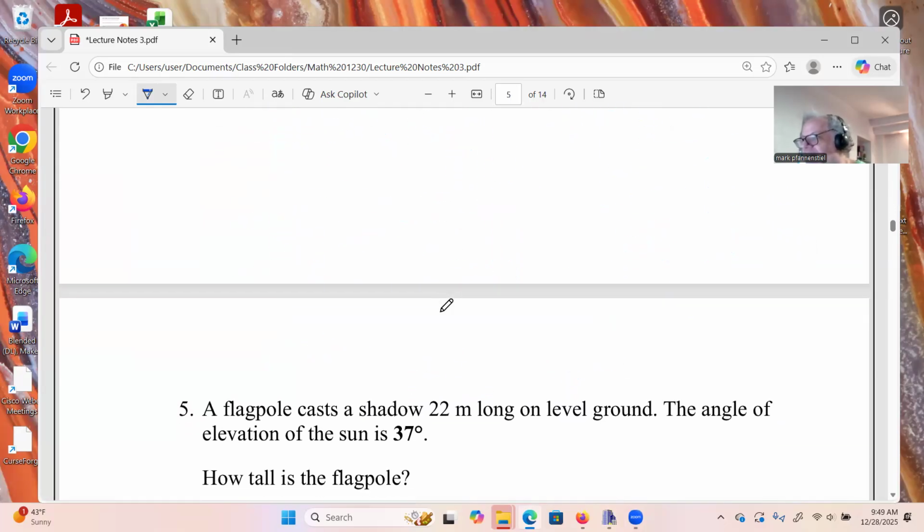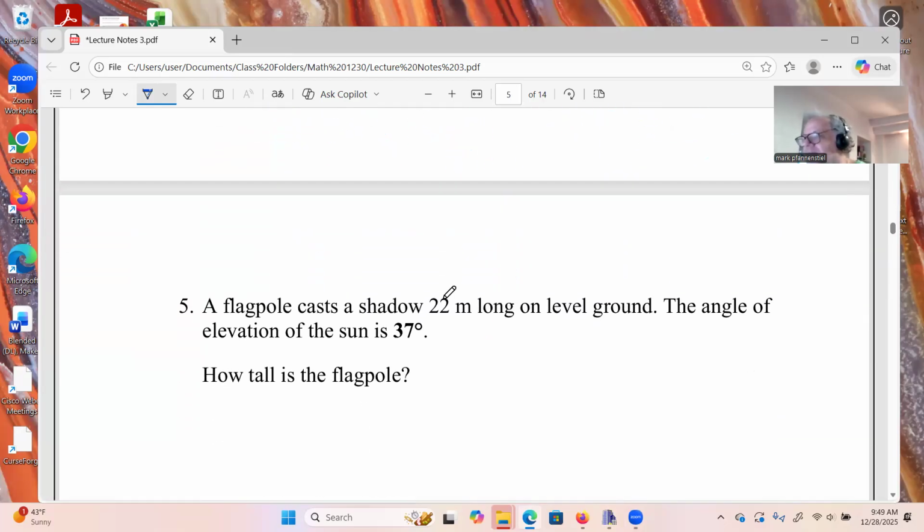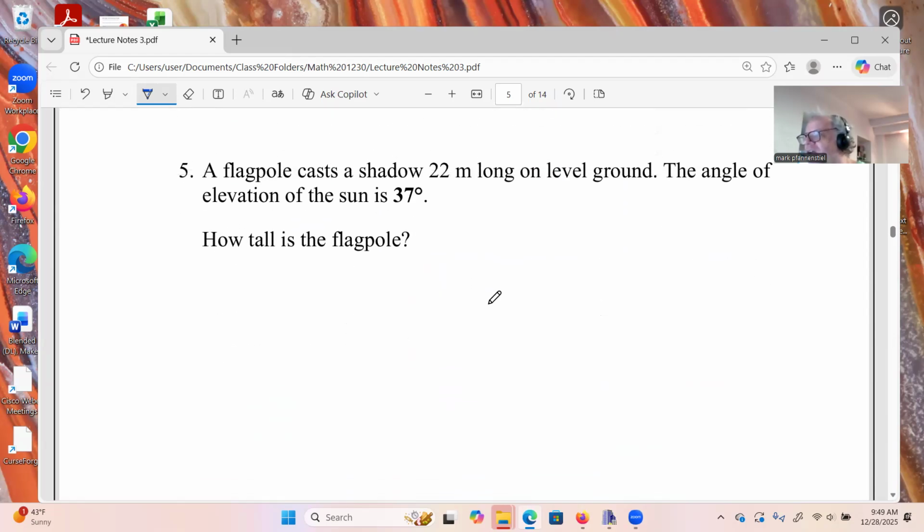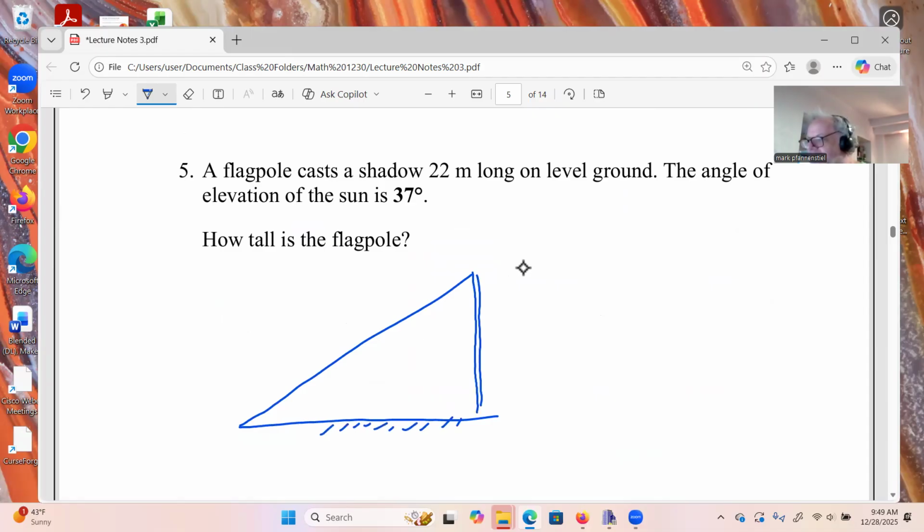All right, so let's see here. A flagpole casts a shadow that is 22 feet long, or 22 meters long, rather, on level ground. The angle of the sun, there's something called an astrolabe you can use in order to calculate those angles. But here is our flagpole, right? Here's the shadow. Here's 22 meters.